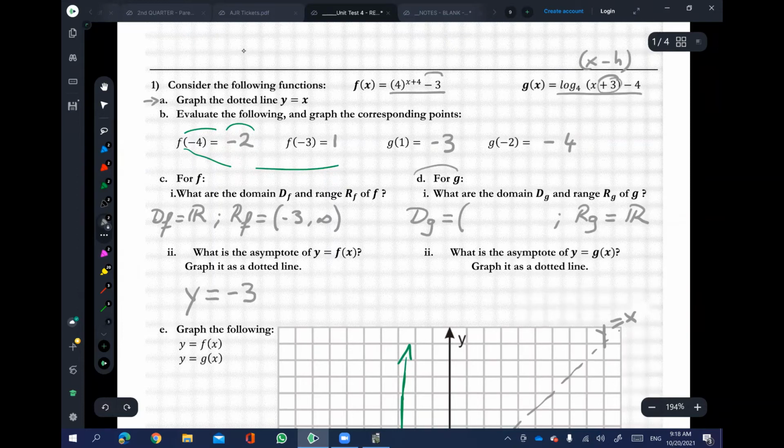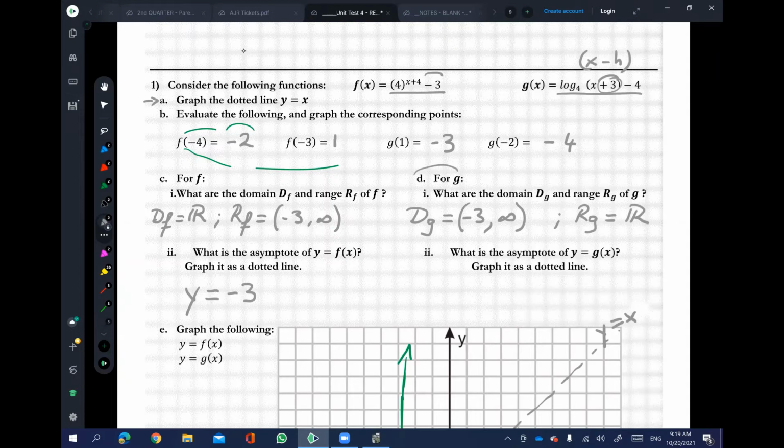So because I've got positive 3, it's going to be negative 3. It's going to shoot up towards infinity. As you may notice, all the x and y coordinates are switched, swapped, exchanged, which would be important to notice for question F.